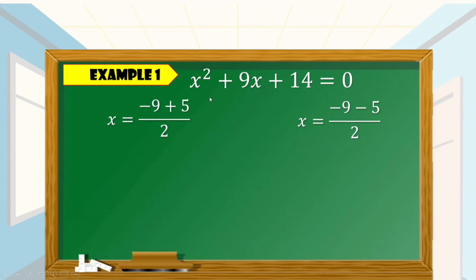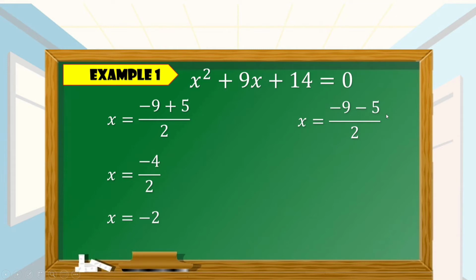Let us simplify the first equation. We have x is equal to negative 4 over 2. And simplifying it further, x is equal to negative 2. Kapag po nag-divide, magkaiba ng sign, ang answer po is negative.